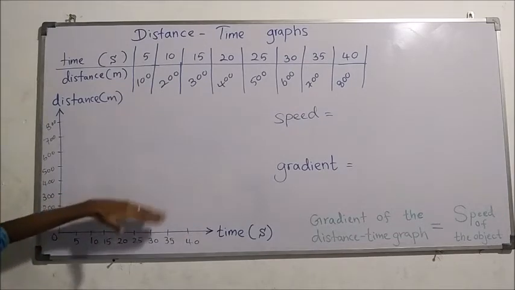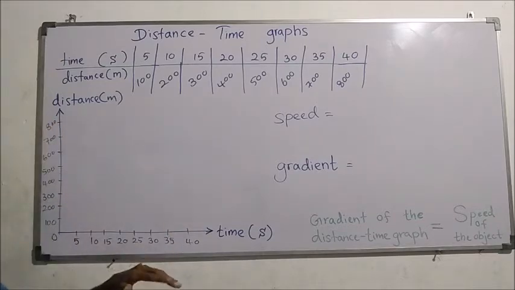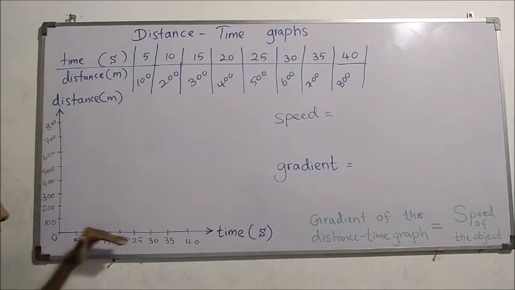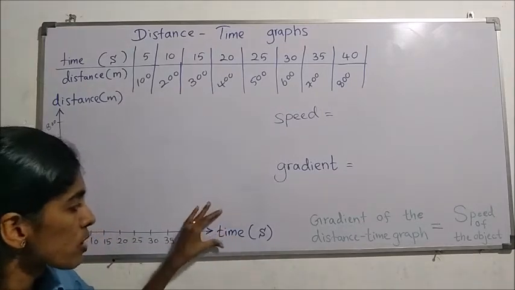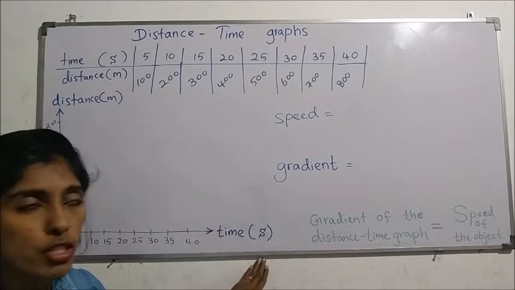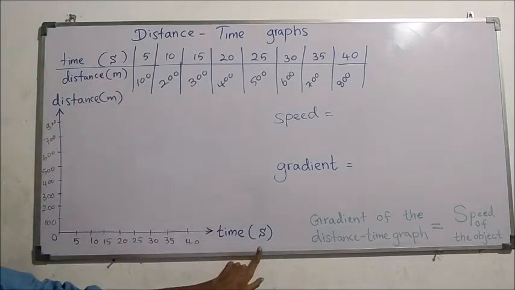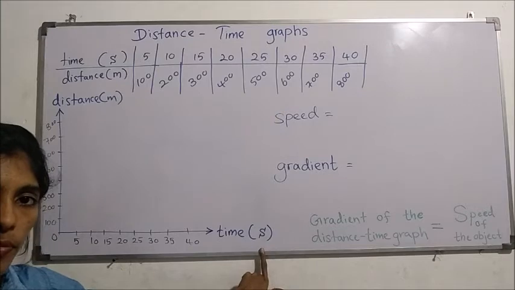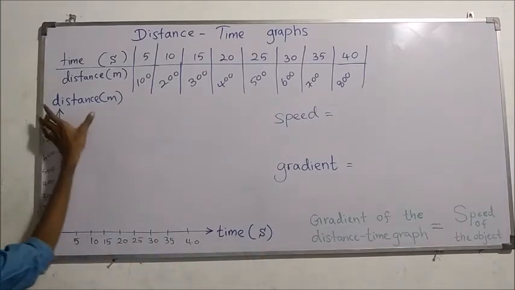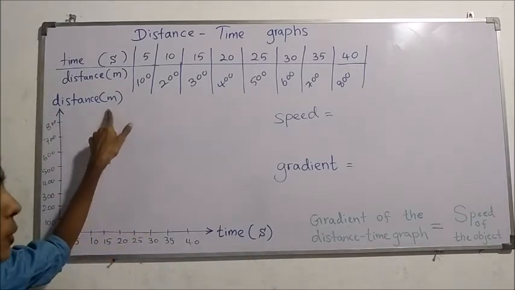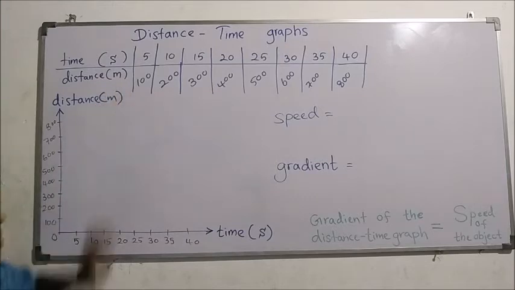You should know that there should be an x and y axis, but here we don't write x or y. At the corners, what do we need to write? On the x axis we should mention the time along with the relevant units, in seconds, written within brackets, and on the y axis we need to put the distance in meters, because they have given us meters.